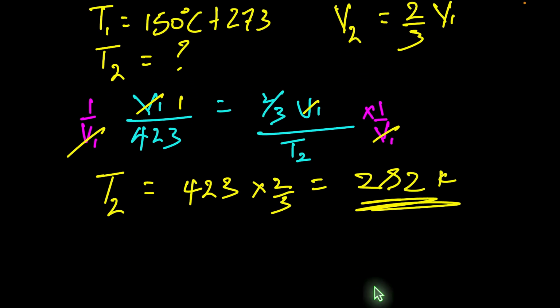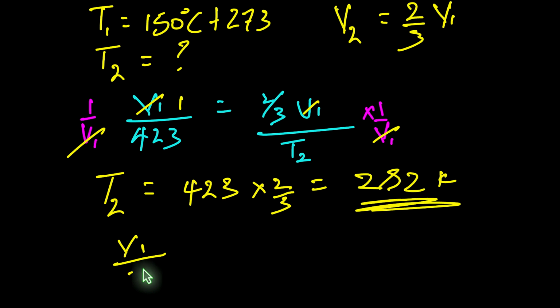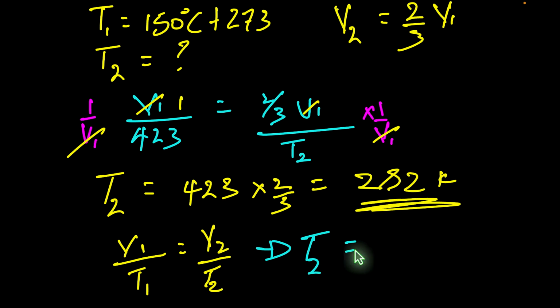The last thing I'd like to do here is show the general formula if we're finding those variables in the denominator, because that tends to be the toughest part for most people. Let's say we want to find T2, then T2 is going to be T1 multiplied by V2, all divided by V1.